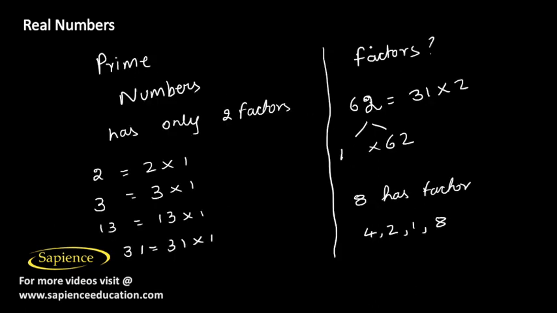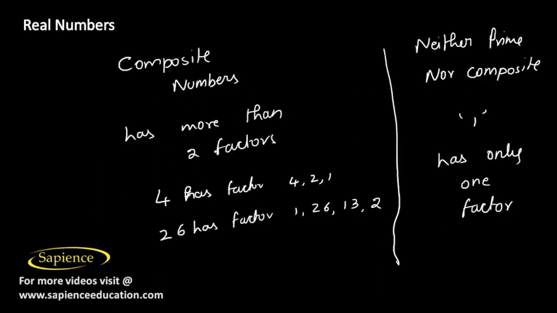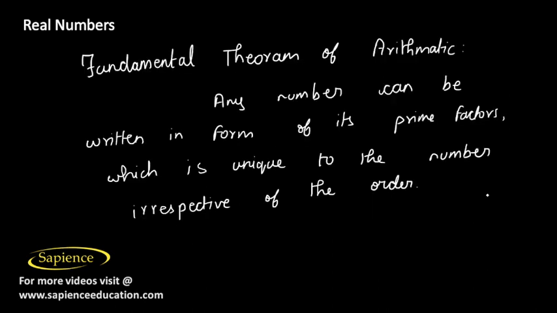Now we see what is the meaning of factors. Any number that can divide a number with the remainder 0 is called a factor of that number, and prime numbers have only two factors, the number itself and 1. Composite numbers have more than 2 factors, and one is neither prime nor composite because it has only one factor.